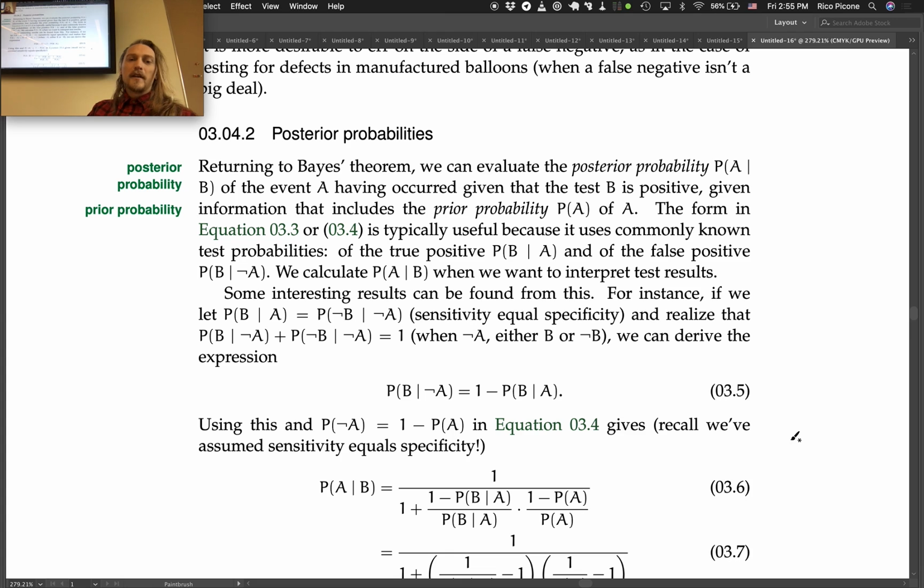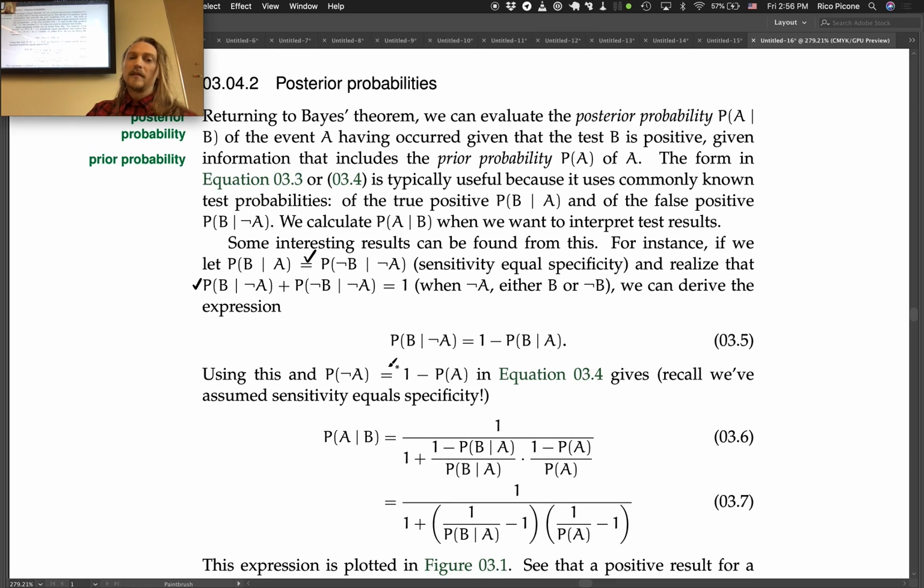We can derive the expression probability of B given that not A is equal to 1 minus the probability of B given that A. I used this expression and this expression to come up with that. Using this and the fact that the probability of not A is equal to 1 minus the probability of A, because either A or not A, we're assuming, either has to occur or not occur.